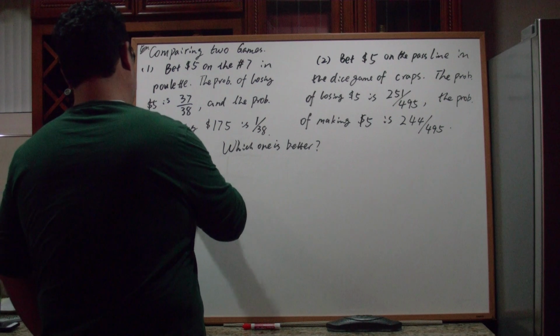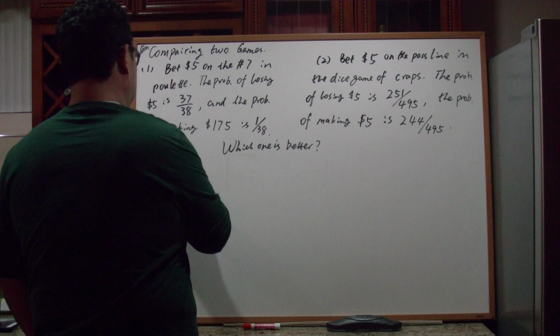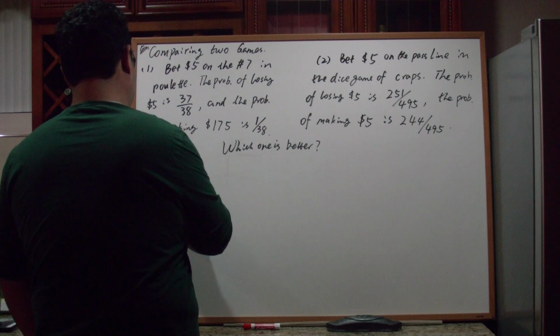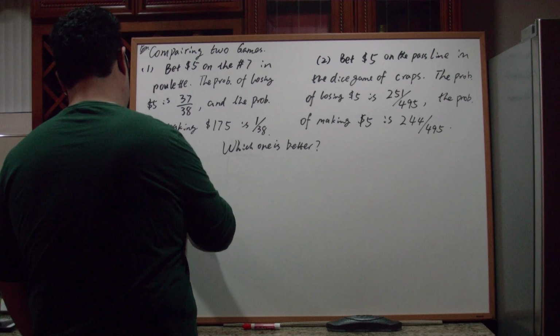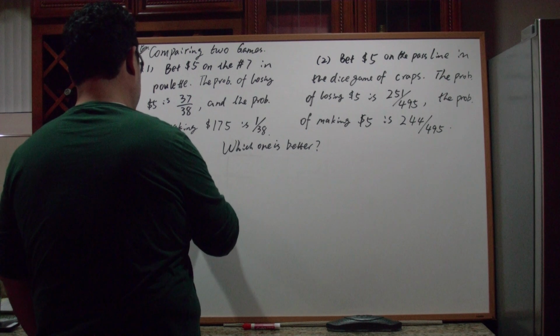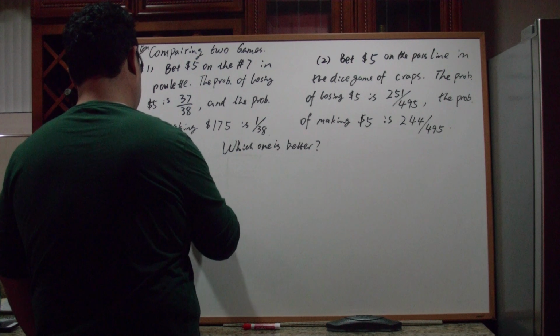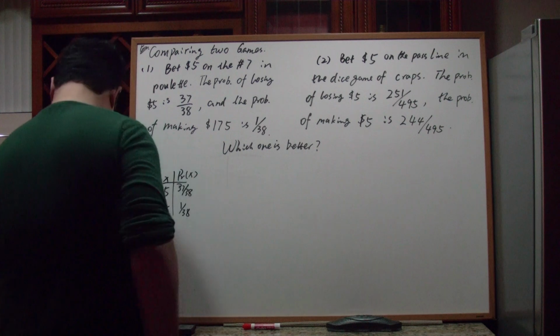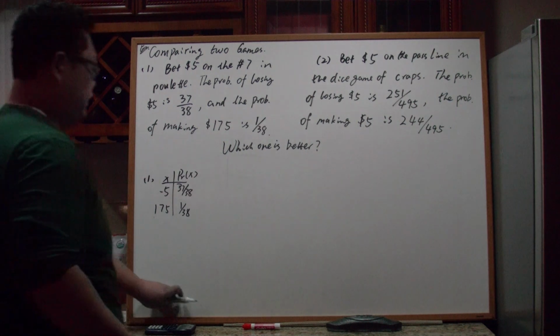Right, so we do the probability distribution. We get $5 lose and $175 win. Right, that is the chance.